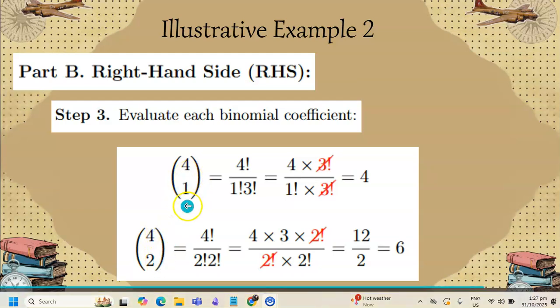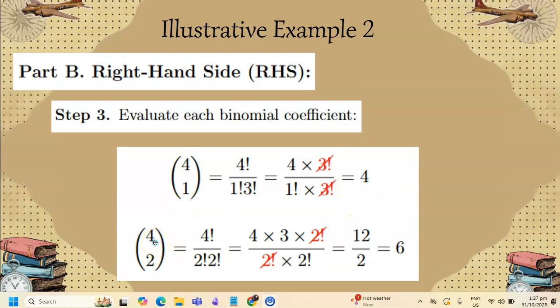Let's start with 4 choose 1. So we have 4 choose 1 is equal to 4 factorial over 1 factorial times 3 factorial. And we expand 4 factorial up to 3 factorial. So we have 4 times 3 factorial. And we cancel 3 factorial. So what remains in the numerator is 4. And what remains in the denominator is 1. 4 divided by 1 is equal to 4. So 4 choose 1 is equal to 4.